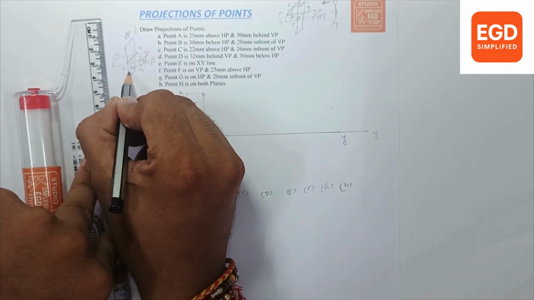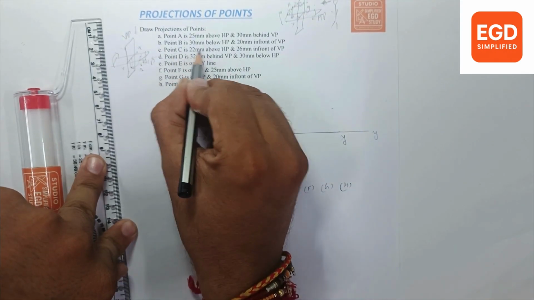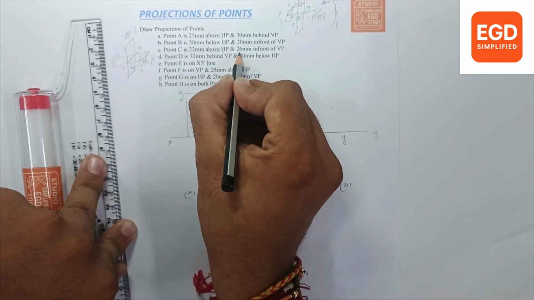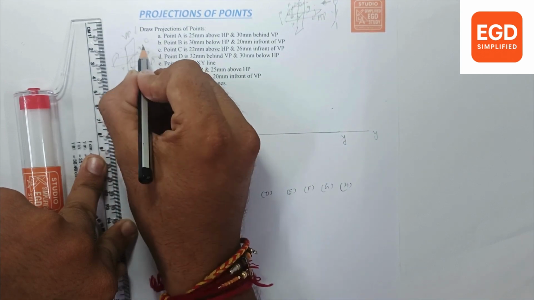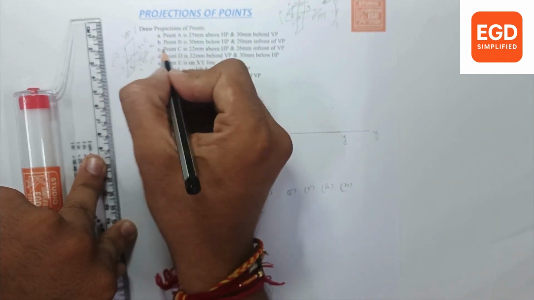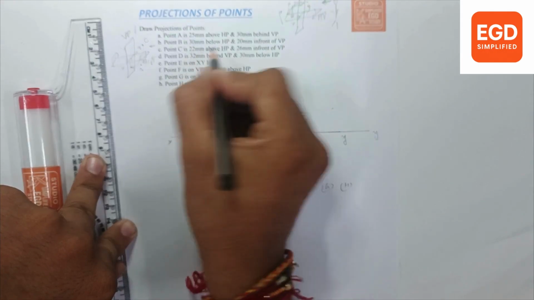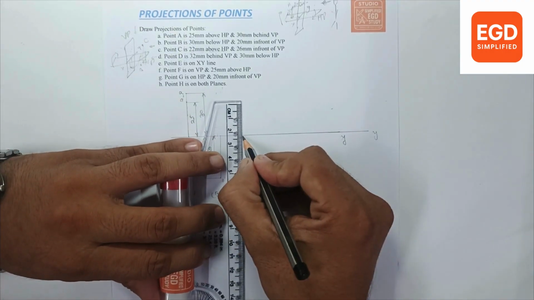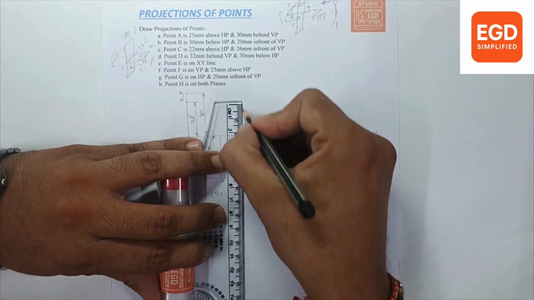Next is point C. Sorry, point C is 22 mm above HP and 26 mm in front of VP. So our C point is in the first quadrant. When we see from the front, point C will be 22 mm above HP. So we mark point C 22 mm above HP.